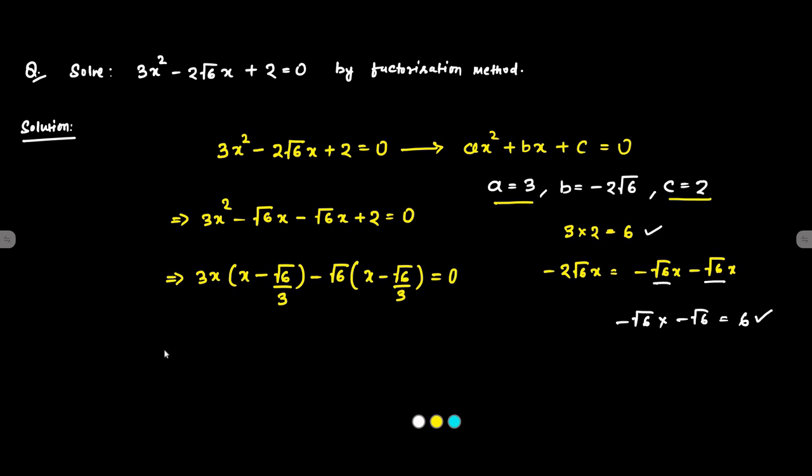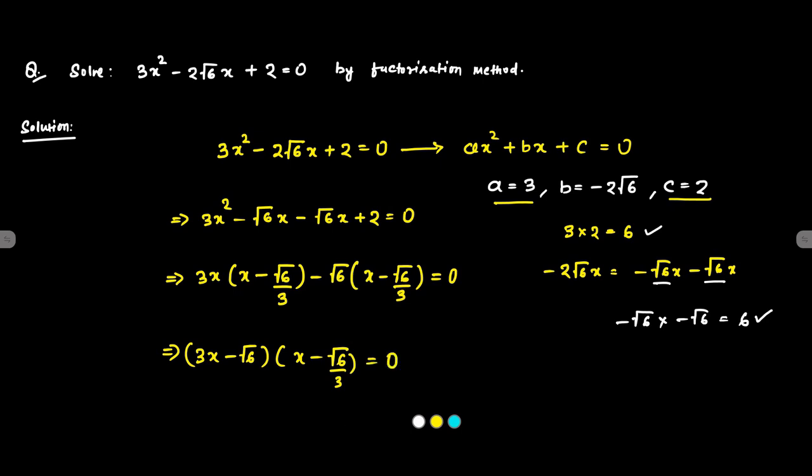So that implies 3x minus root 6 into x minus root 6 by 3 is equal to 0.